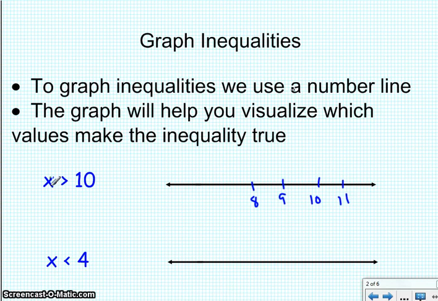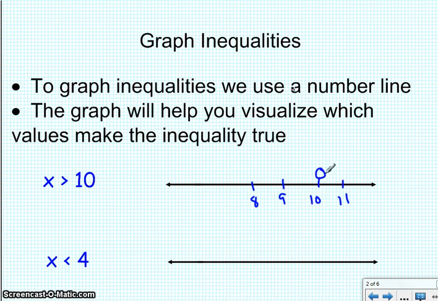What this says is x is greater than 10. What that means is any value that makes this inequality true is going to be greater than 10. So here's my 10, and I'm going to put an open circle at it. The open circle means that 10 is not included in the numbers that solve this inequality. 10 is not greater than 10.